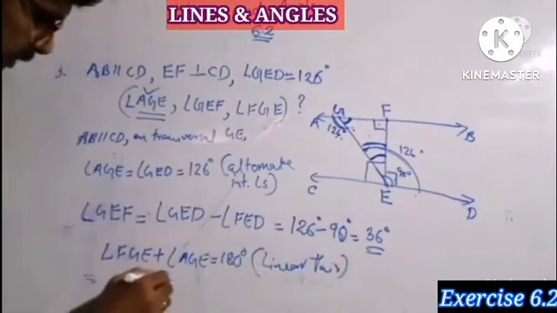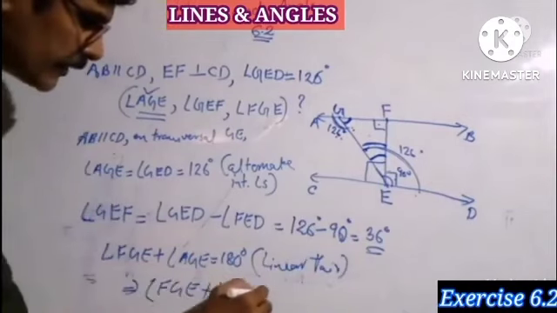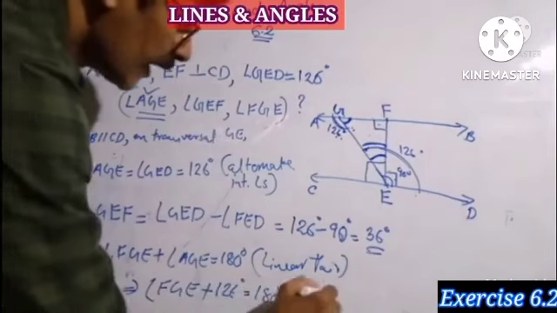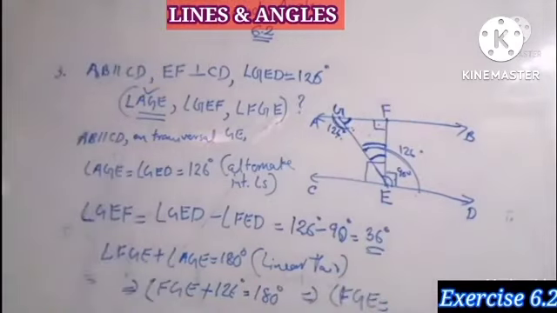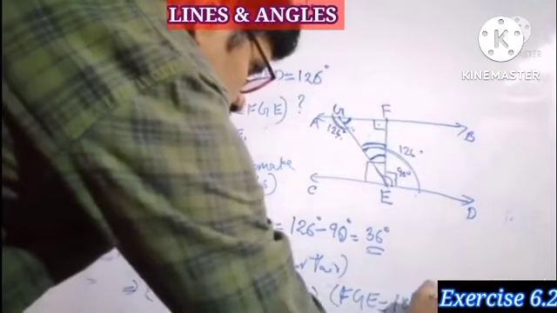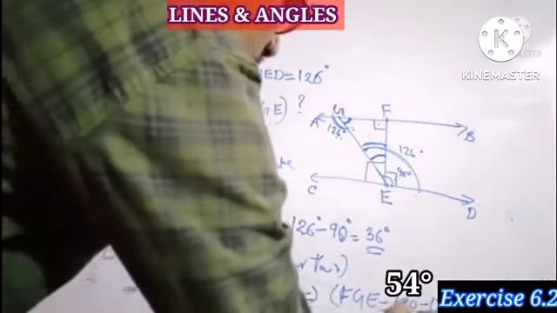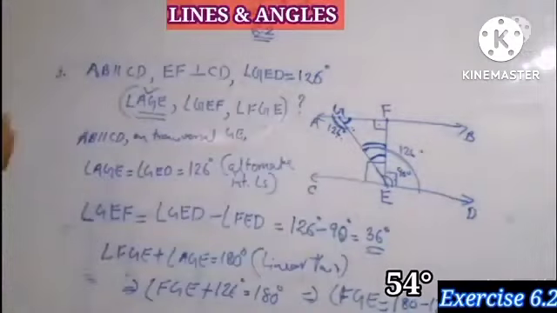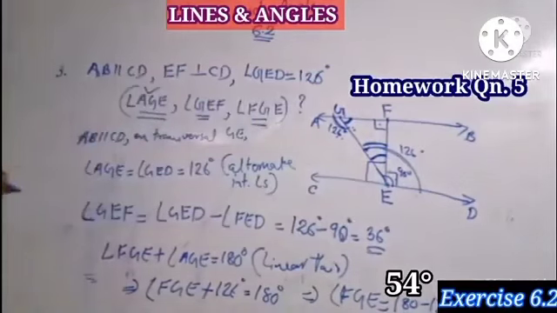Which implies angle FGE plus 126 equals 180 degree, which implies angle FGE equals 180 minus 126, which is 54 degree. Okay, everything is complete. First one 126, second one 36, third one 54 degree. Now question number 3 is completed.